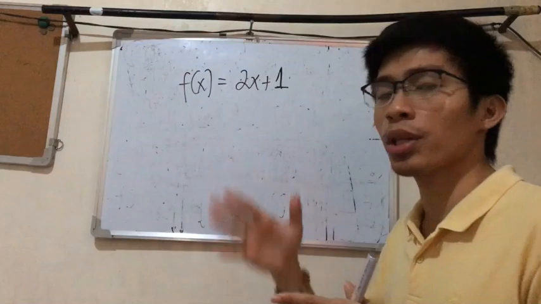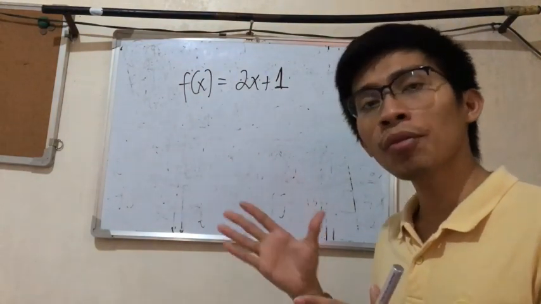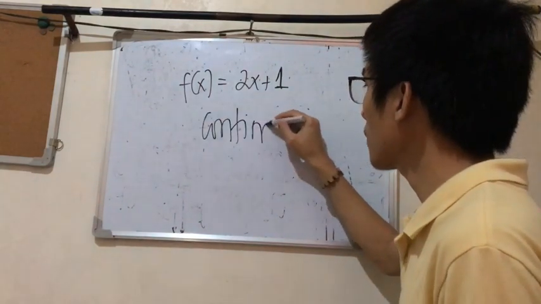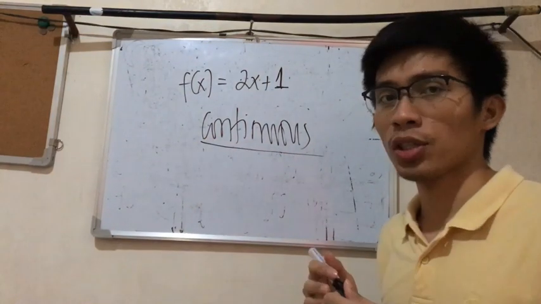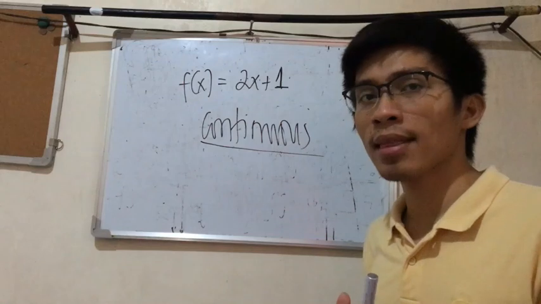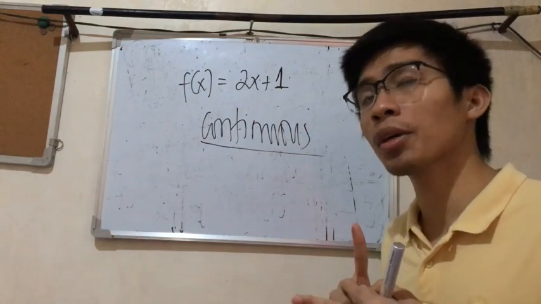Since this function is defined in all values of our x, therefore, this function is continuous. In layman's terms, the graph is connected. It does not commit breaks, holes, or gaps.